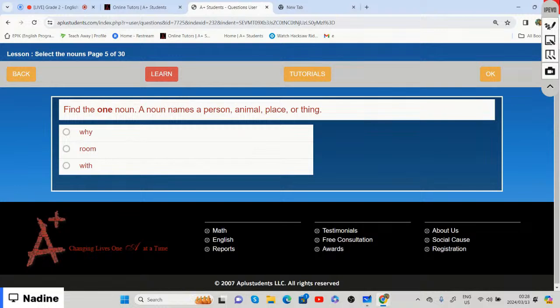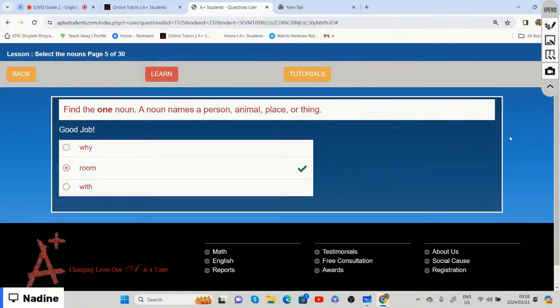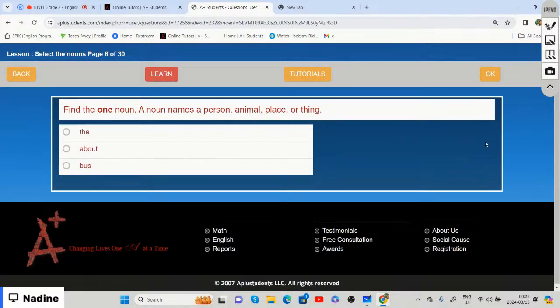We need to select our noun. And if we select our noun, we're going to say it is room, right? And room is correct.